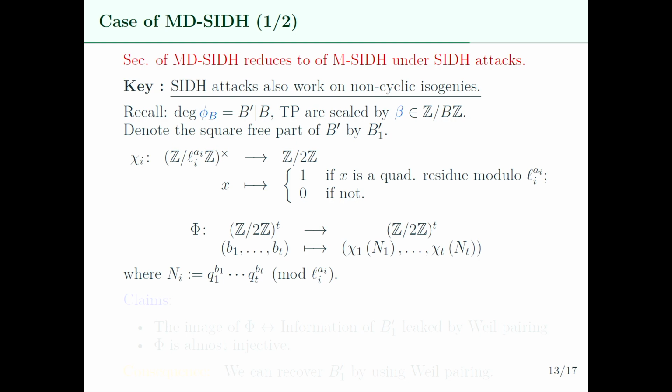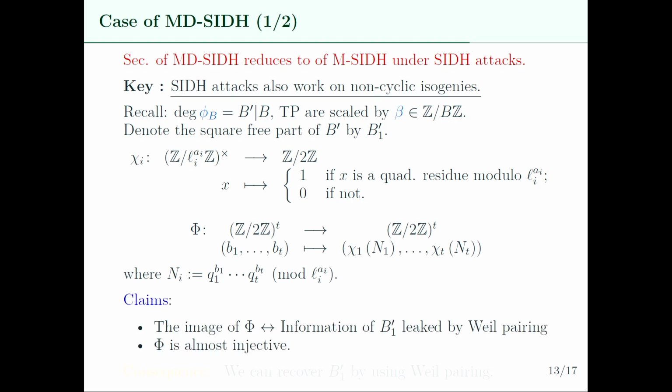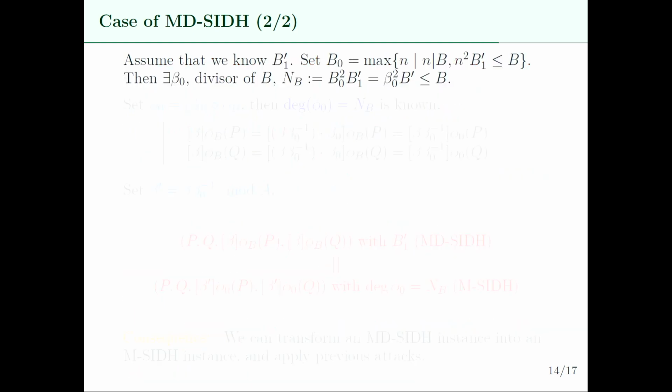Then next, we define these maps. I'm sorry, there's not so much time, so I didn't explain these maps. But there are two claims. First, the image of the map phi is related to the information of b1 prime leaked by Weil pairing. And this phi is almost injective. So it means we can recover b1 prime by using the Weil pairing.